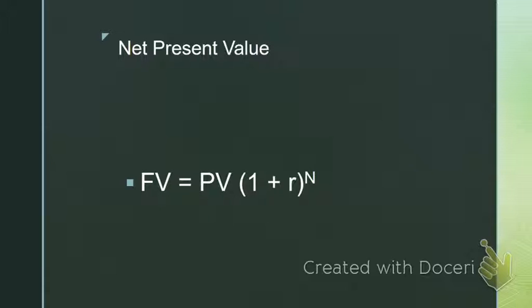The future value of present money is calculated by taking 1 plus the interest rate, and it compounds, to the power of the number of years that you want to figure into the future. Future value.